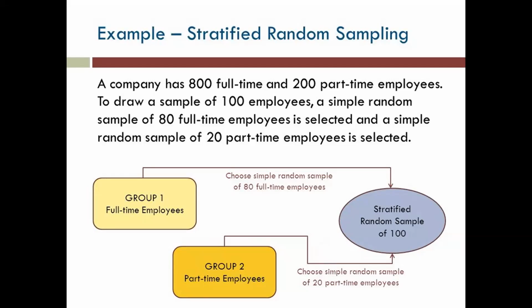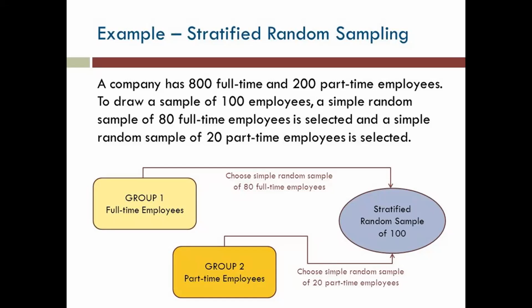Ma'am, there is a question. Yes, please. In this example, you said that for the 80 full-time employees we are taking 10% of the 800, and 20 for 10% of 200. I was thinking that the total employees are 1000 and we have a ratio of 80-20, 80% full-time and 20% part-time.